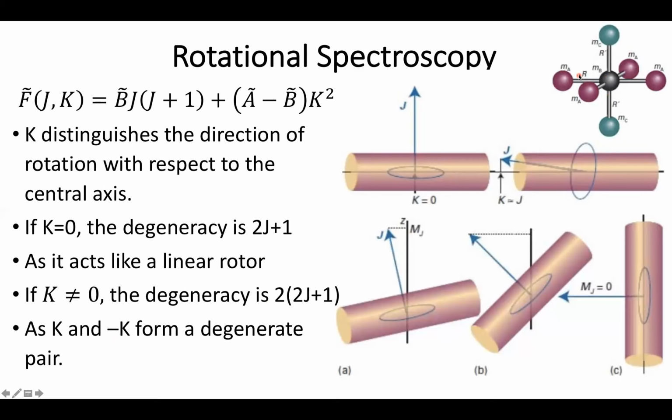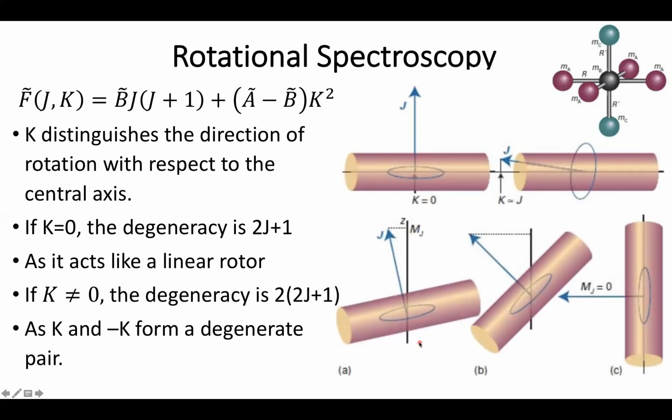And I do want to give a quick reminder of how K is different from M sub J. So K is all about the rotation with respect to this central axis. M sub J is always with reference to an external axis. So I have a large M sub J value if my angular momentum is pointed along an external z-axis.